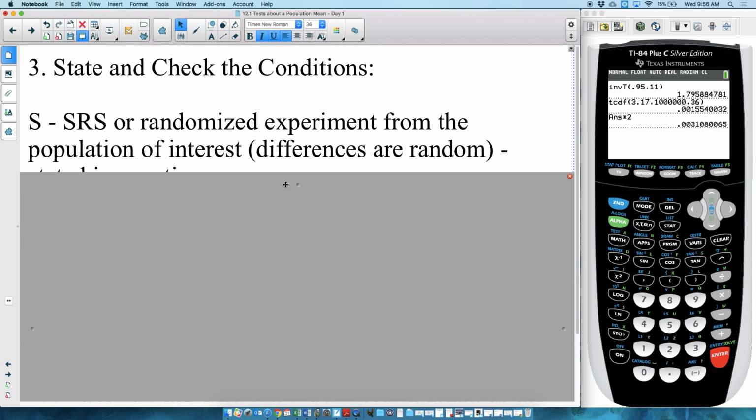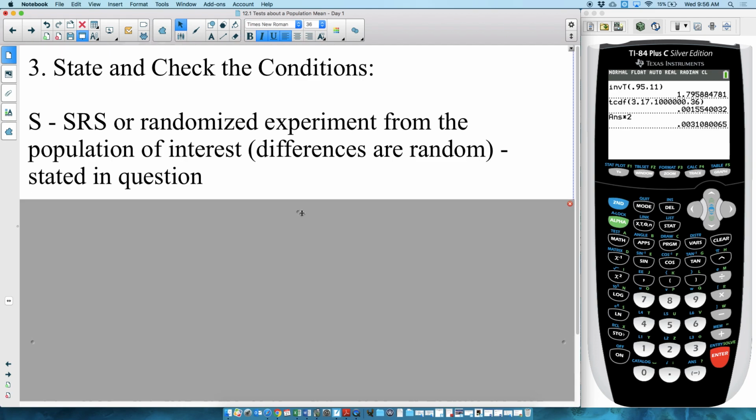So because the seeds were randomly chosen and randomly assigned to either the new fertilizer or no fertilizer, then the differences in growth are random. And our check, it has to be stated in the question somehow.